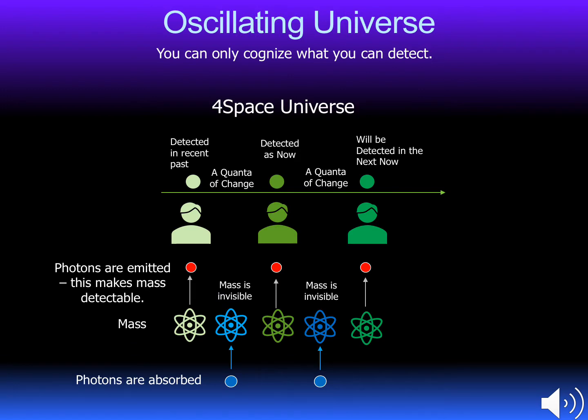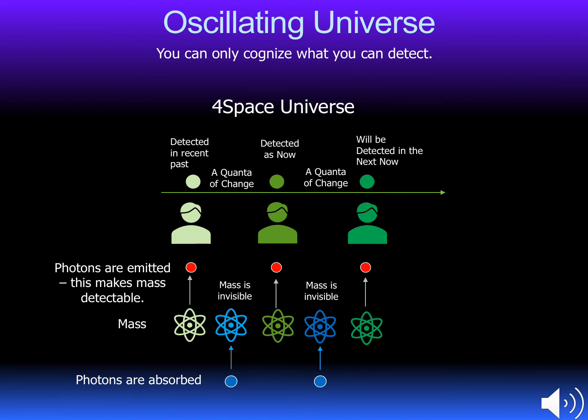So now let's take this concept of an oscillating universe and go back to the diagram that is becoming familiar, where we have the oscillating universe between the now, a quantum of change, and the next moment of now. And just as a reminder, you can only cognize what you can detect.